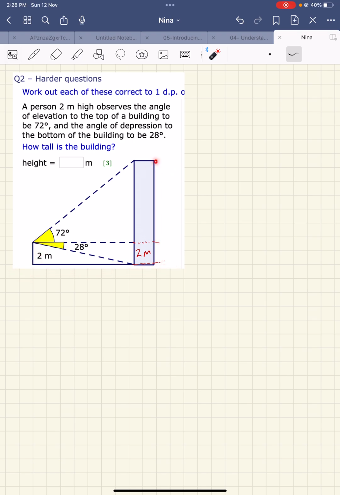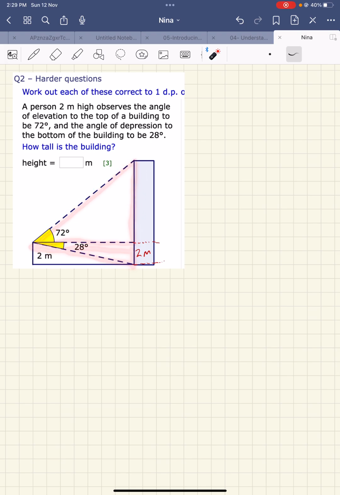Okay, so we really need to measure this distance and be able to find the length and then add on the 2 meters here. Okay, so let's go ahead and just draw out triangles. So remember, the key here is right angle triangles. That's what we're looking for. So I'm going to map out, there's a right angle triangle. There's one right angle triangle. And here's the other right angle triangle.